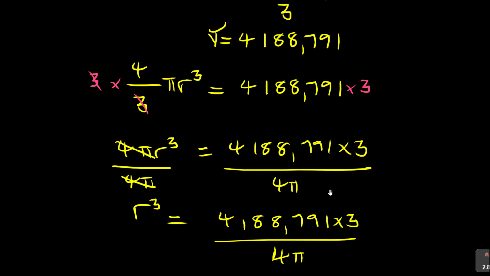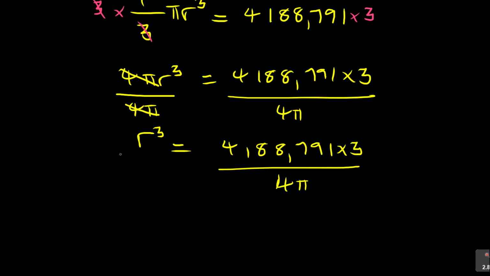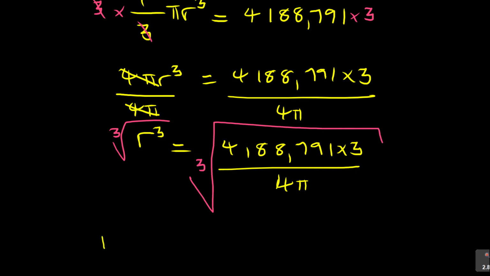And then next we are looking for r. Remember r cubed, how do you separate that? You cube root. So you put a 3 there. Again, what you do on the left, you do on the right. Then you'll have now your r is equal to cube root of that.